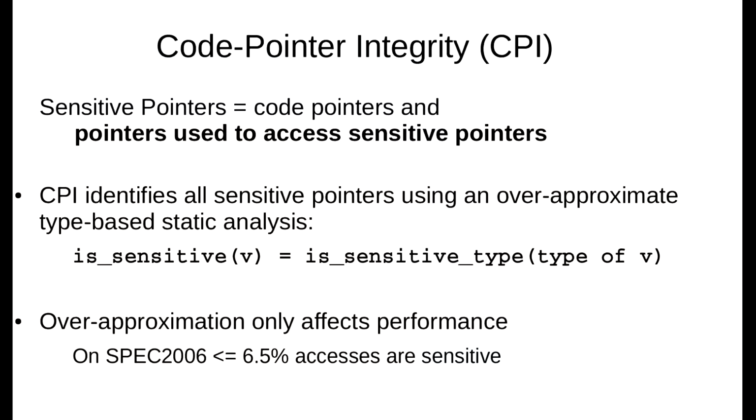This over-approximation only affects performance, but we measured on SPEC 2006, which is a standard benchmark, that using this full transformation, roughly 6.5% of all the memory accesses are accesses to sensitive data.